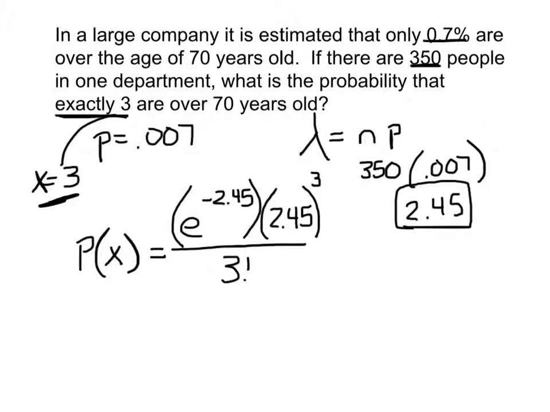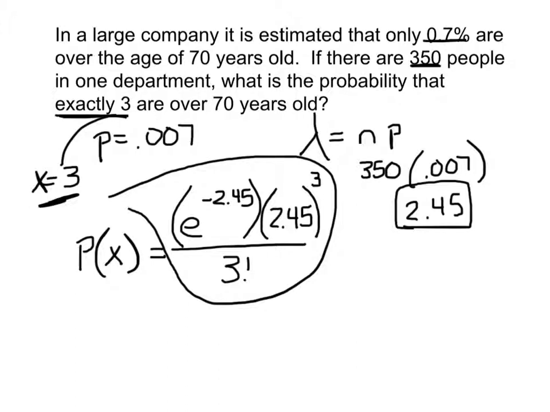Again, put this in your calculator very carefully. Make sure you have exponents going where they belong, and what you'll end up with is a probability of 0.21, which makes sense because I'm looking for 3 people, and that's pretty close to the expected number for the entire company.